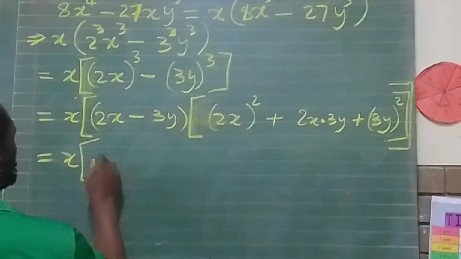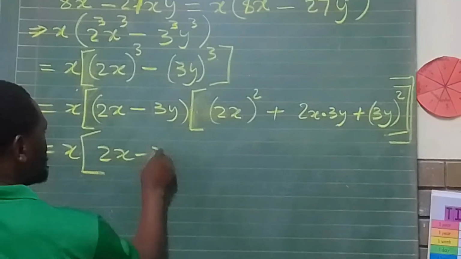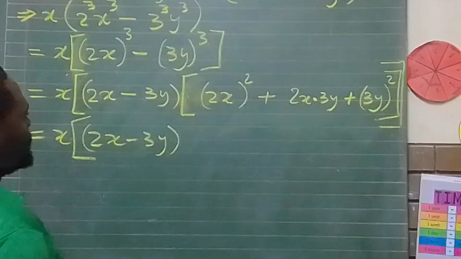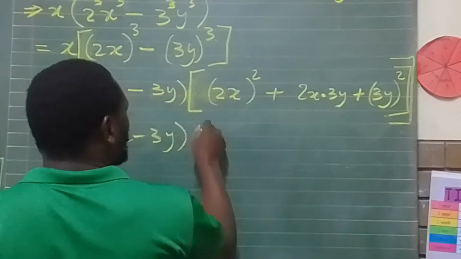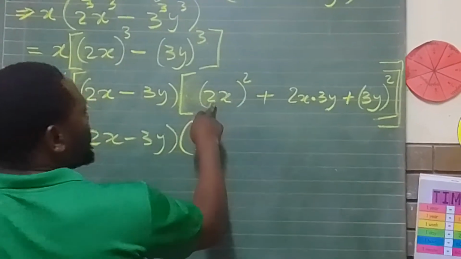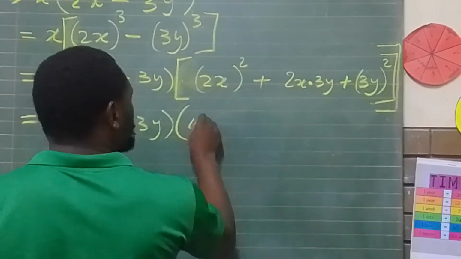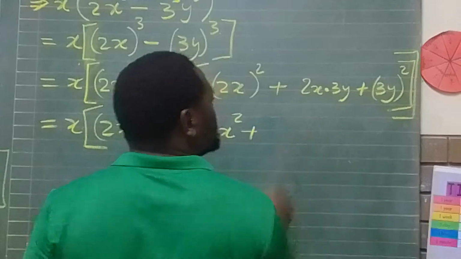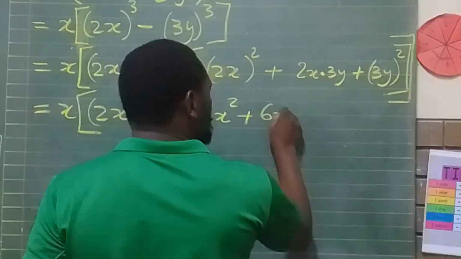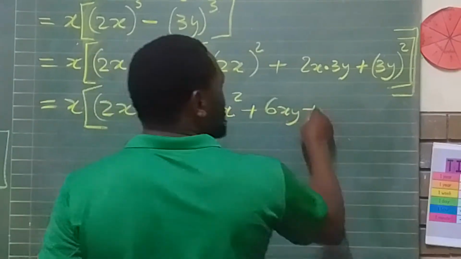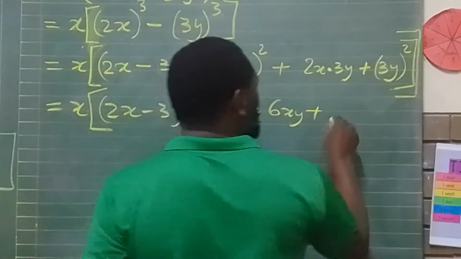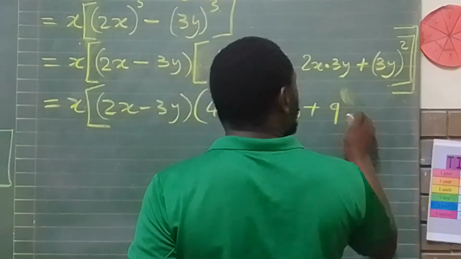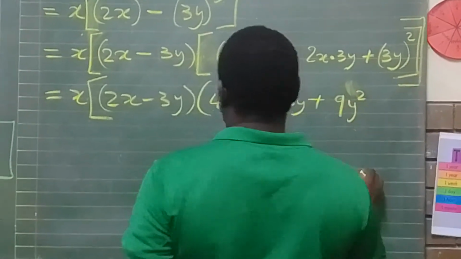Right? It's going to be 2x minus 3y, you multiply it by 2x squared, which is going to be 4x squared. 2 times 3 is 6xy. 3y squared is going to be 9y squared.